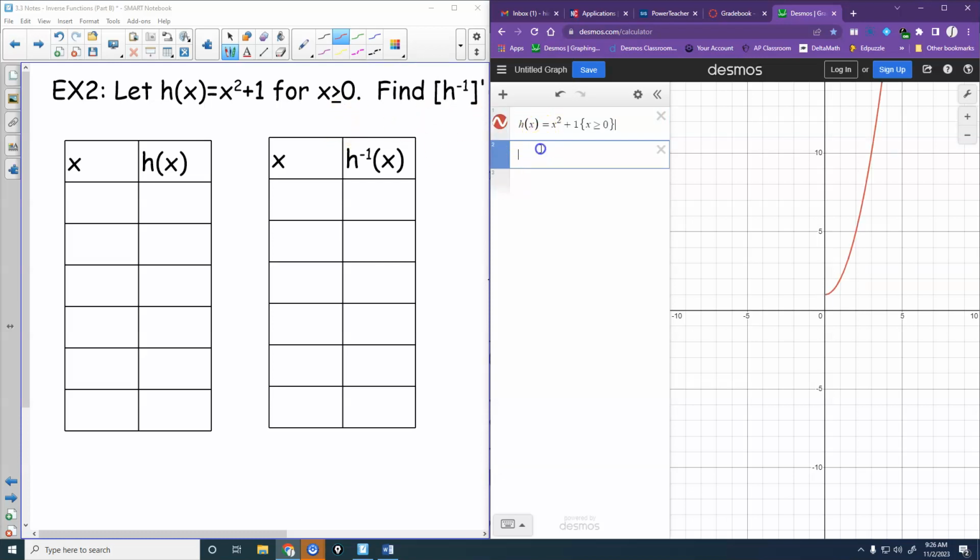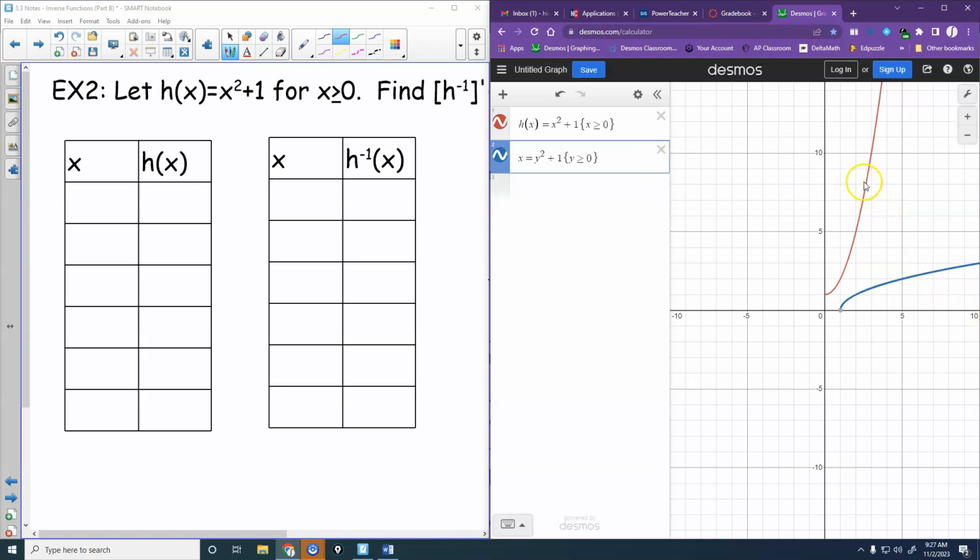All right, so Desmos is so wonderful, although they don't let us use it, because I can switch my x and y's on Desmos. X equals y to the second plus 1 right here. And then let's make this where y is greater than or equal to 0. So although I didn't actually go through the work to find it, there's our inverse right there, because you can just switch x and y's and you don't even have to solve for that.